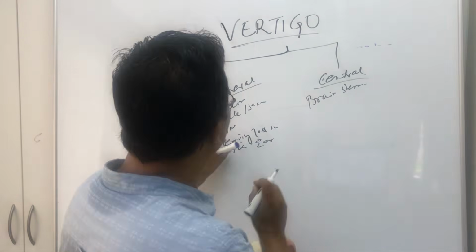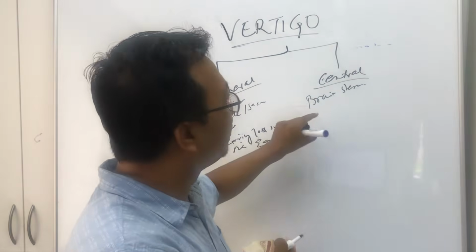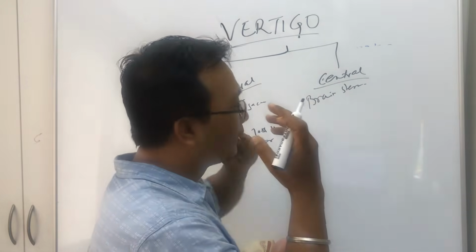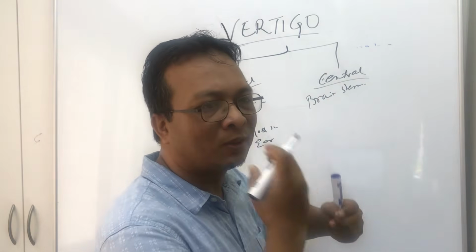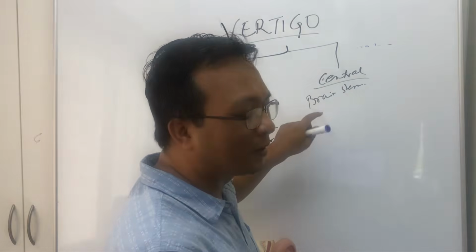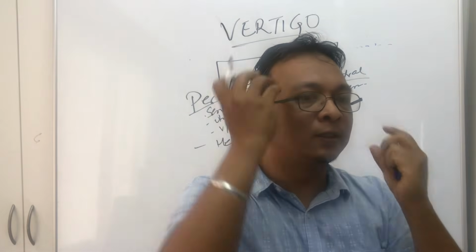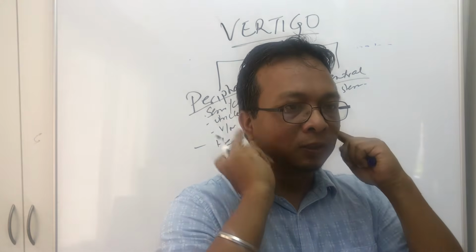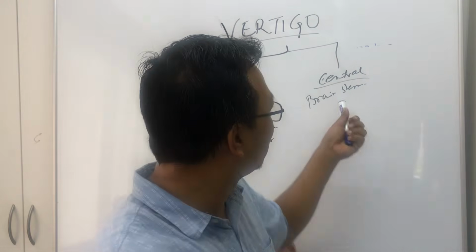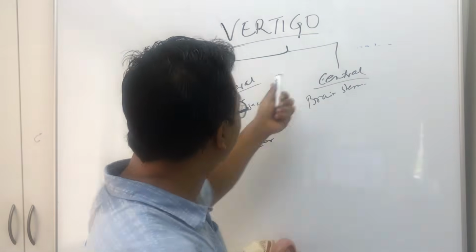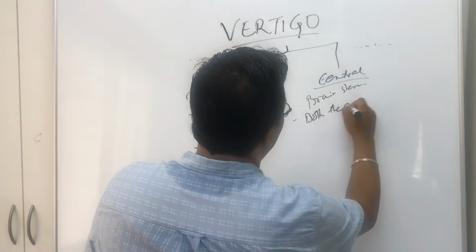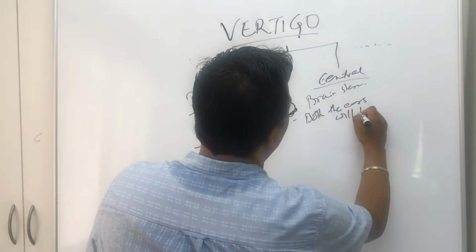But if it is a central vertigo, where the problem is because of infection, meningitis, trauma, whatever it is, then both ears will be affected, because the brain stem gets information from both ears. So when the problem is in the brain, both ears will be affected.